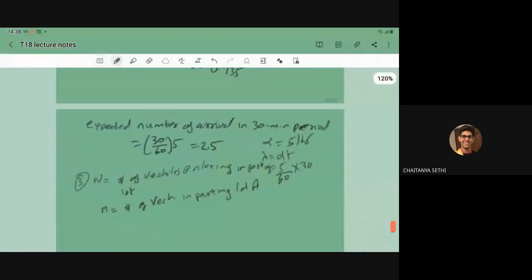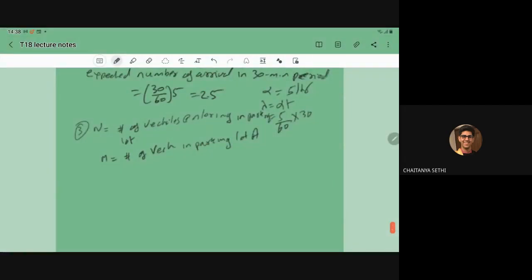Now think, what are the possible values of N and M? If N is equal to 0, there is no vehicle. At that time, what will be the value of M?